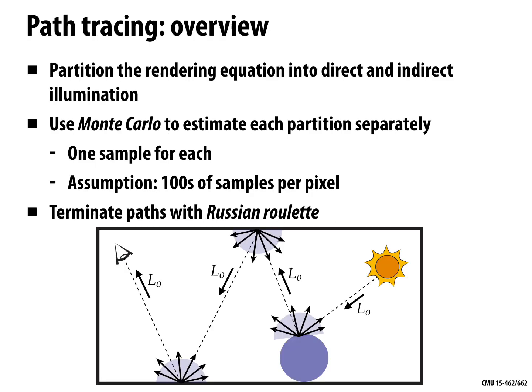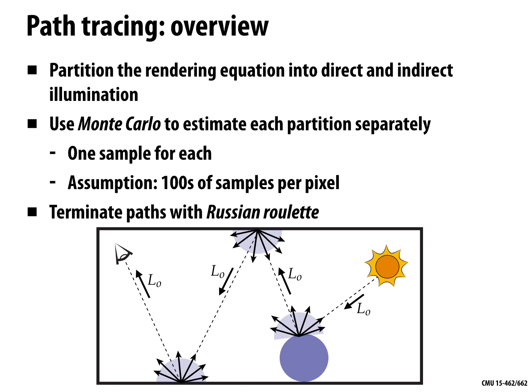This leads us to path tracing, the first algorithm we're going to use for approximating the solution to the rendering equation. The basic idea is to partition the rendering equation into direct and indirect illumination. Indirect illumination means light that we get from many, many bounces, whereas direct illumination is the illumination we get from light hitting the surface, and then that's what we see from the eye.